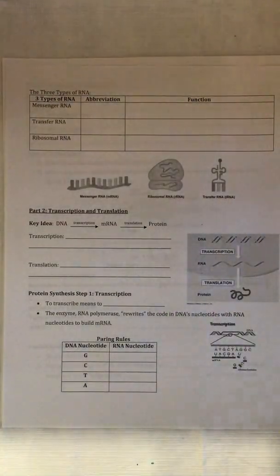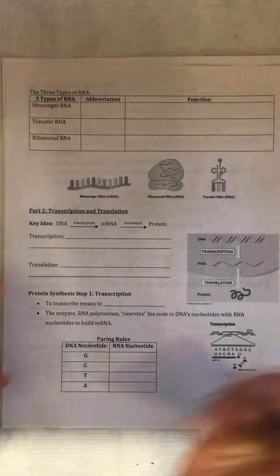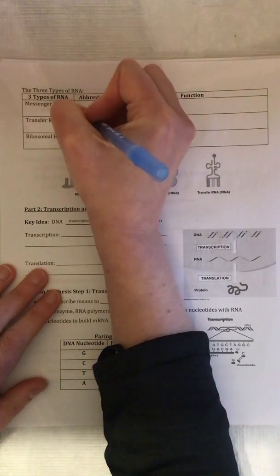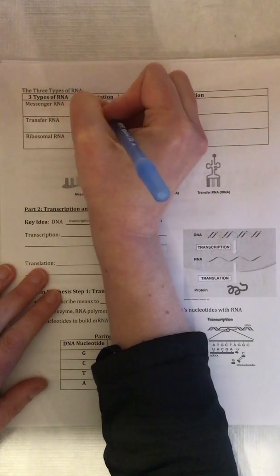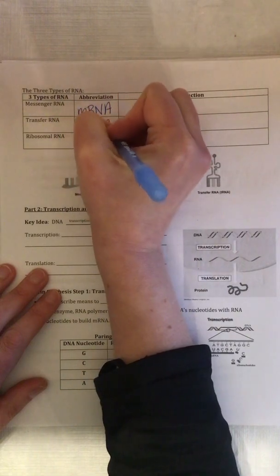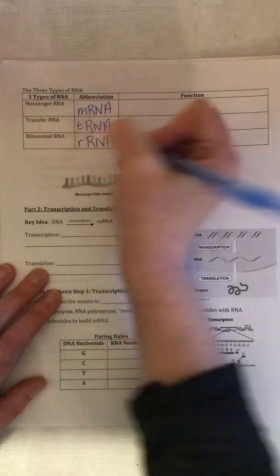So there are 3 types of RNA. There's messenger RNA, transfer RNA, and ribosomal RNA. So they're all abbreviated with their first letter, mRNA, tRNA, and rRNA.